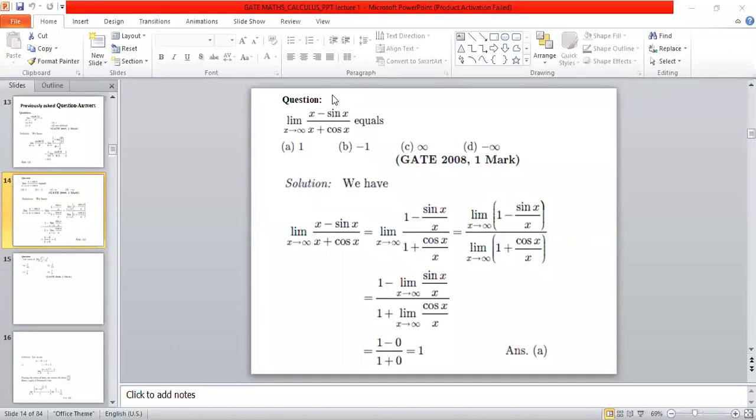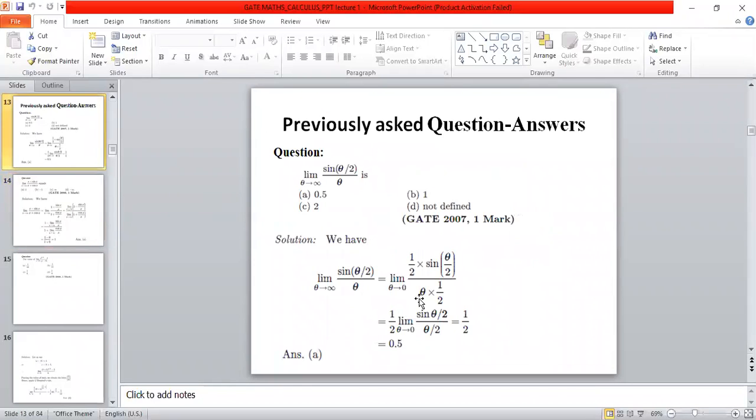So numerator limit upon denominator limit, and now applying the limit, the limit of a constant is as it is, so 1 minus the limit of sin x upon x. This is again the standard form, sin theta by theta. If theta tends to 0, sin theta by theta is 1.